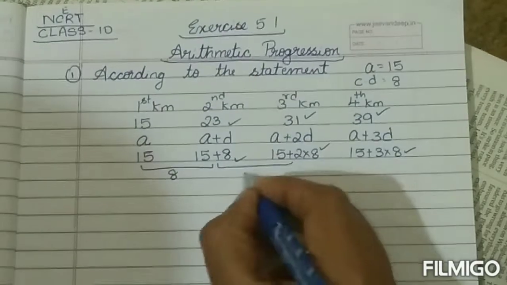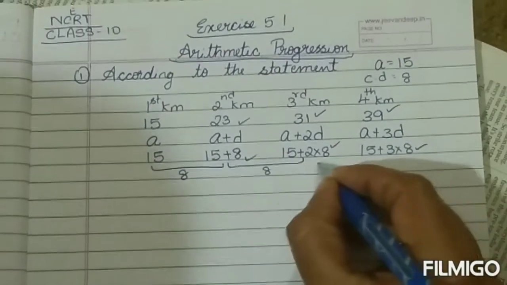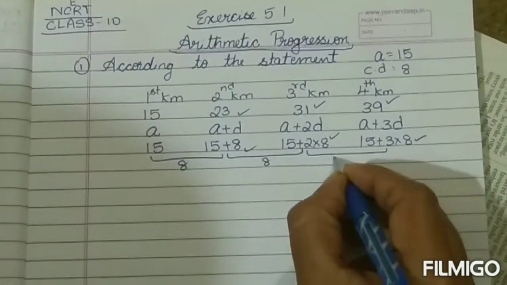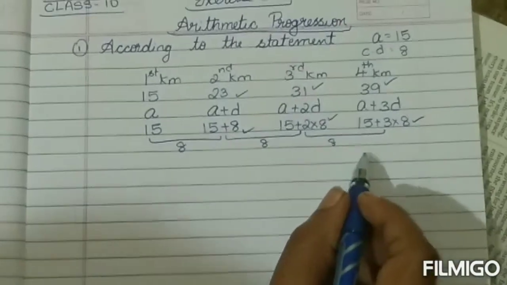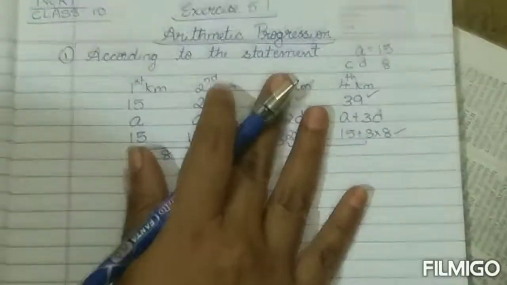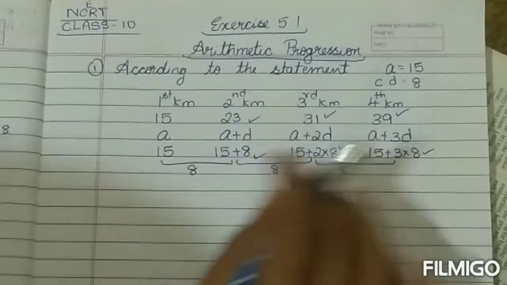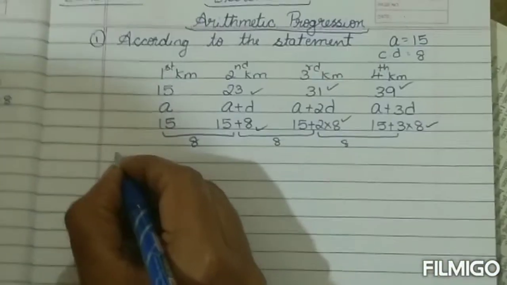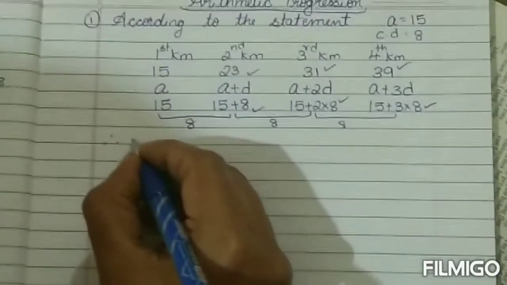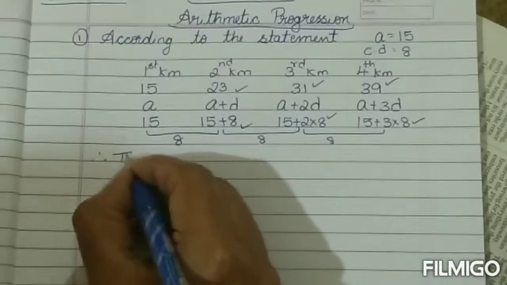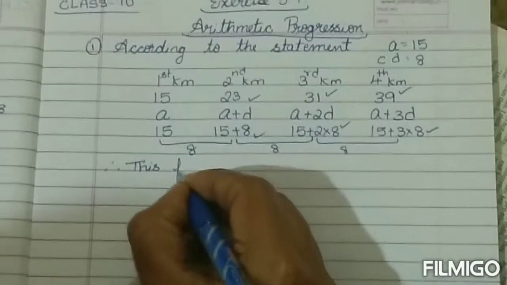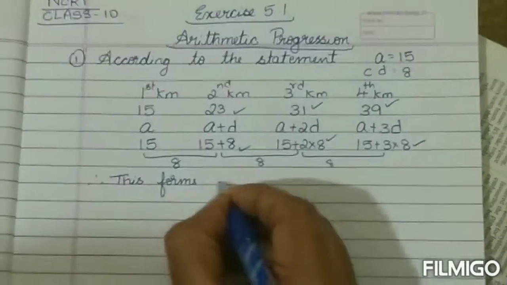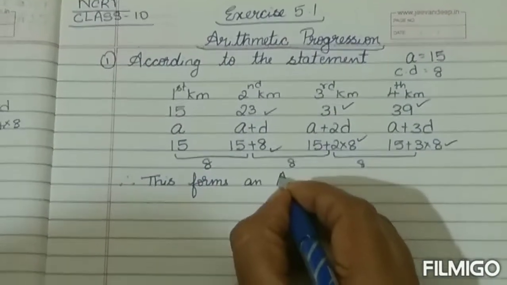That is, the common difference should be the same. See, the common difference is the same. So this is an AP, arithmetic progression. You have to complete the sentence here. What are you going to write? Therefore, this forms an AP.